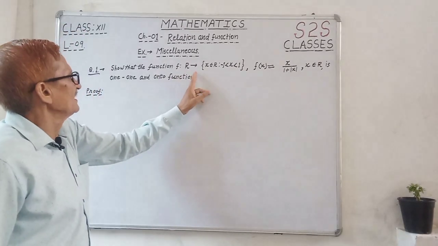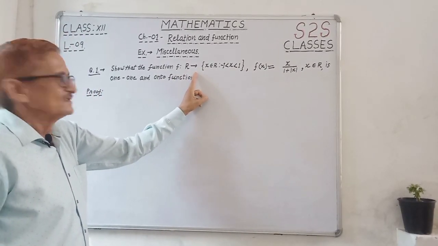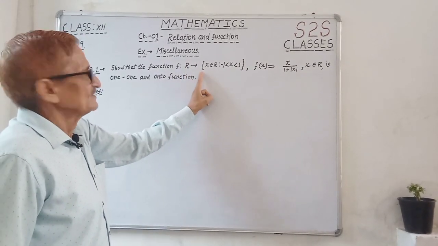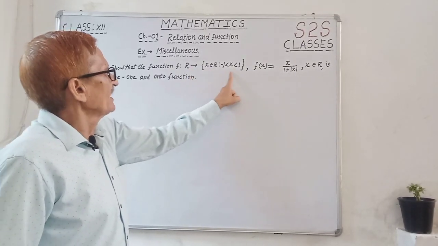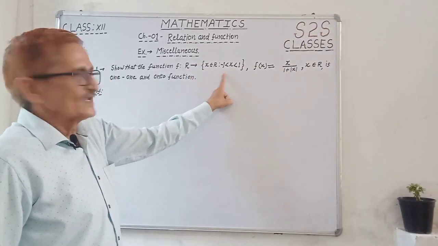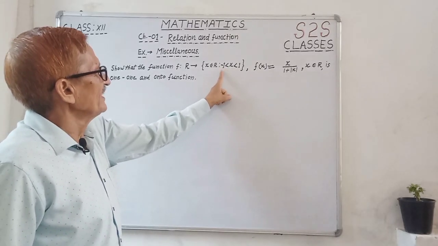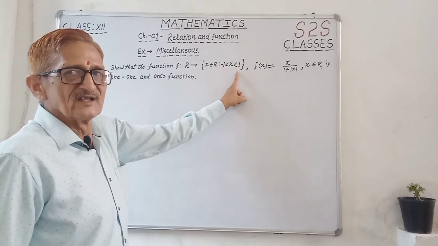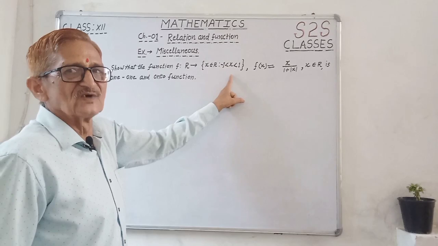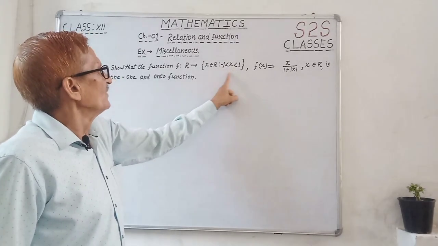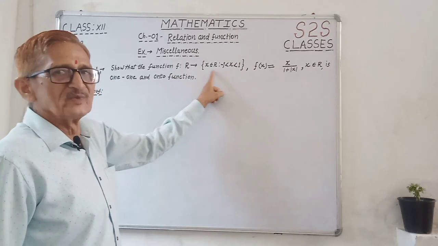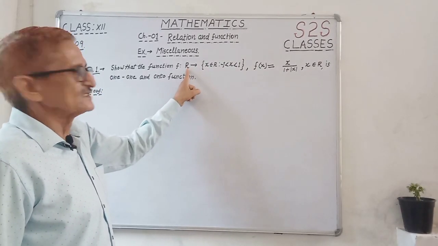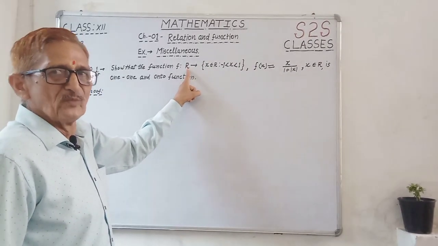So the function f, question number 1, such that f maps the real numbers set to the set of x belongs to R, x greater than -1 and less than 1, all real numbers between -1 and 1. This is the codomain set and the first, the real number set, is the domain.